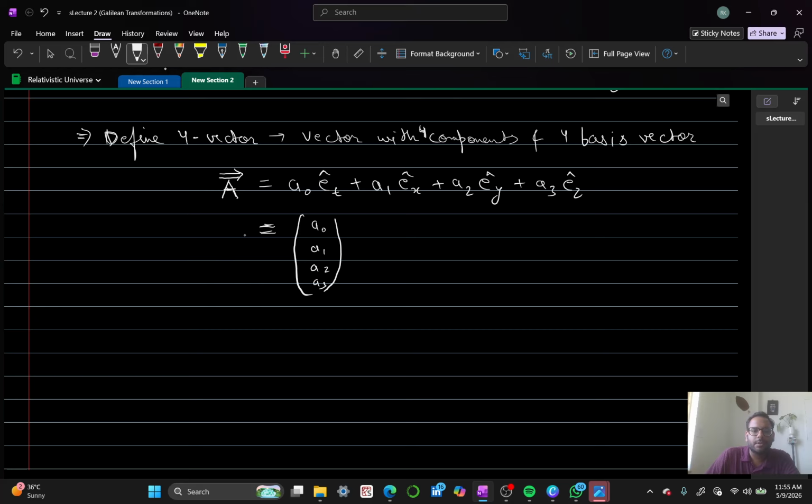This is my four vector. This signature over the symbol represents the matrix representation of my four vector.